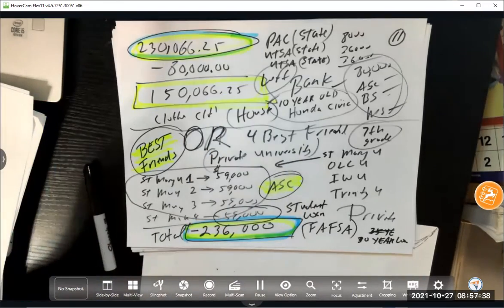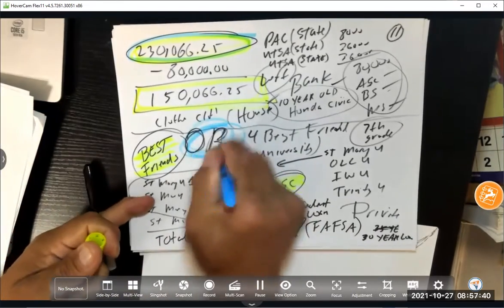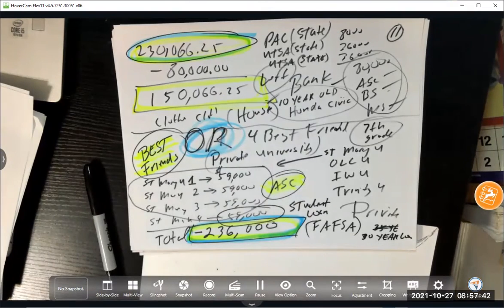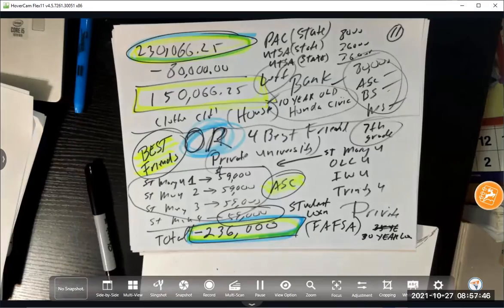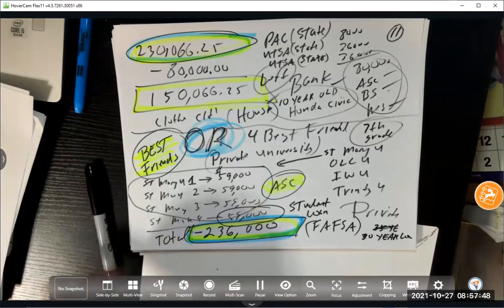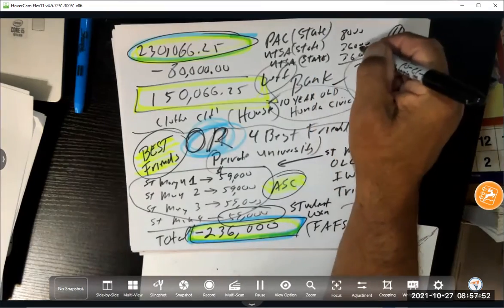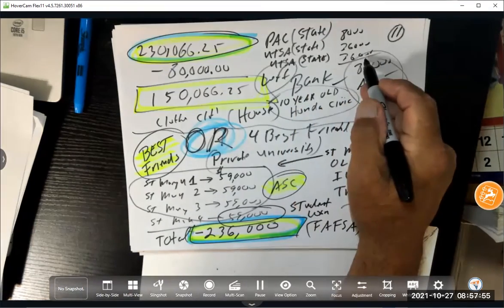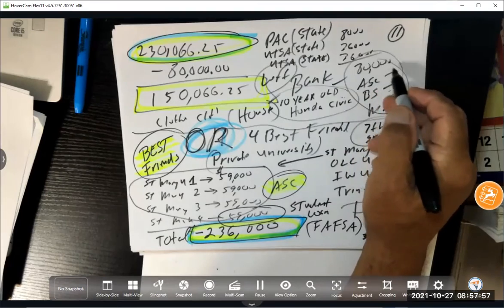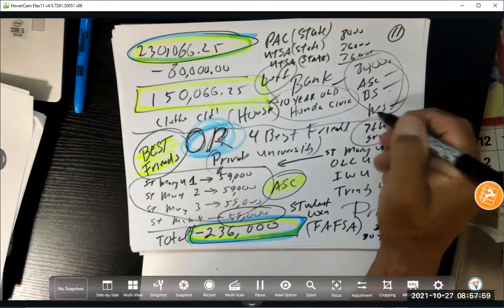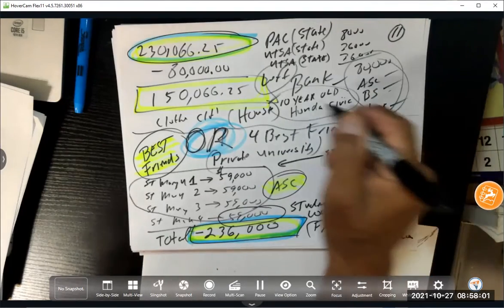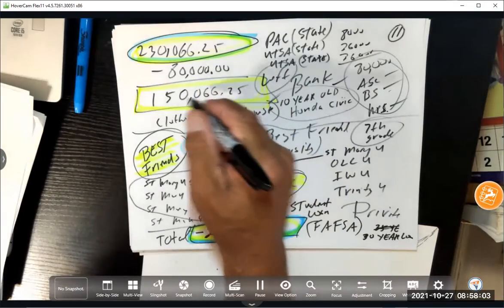Or if you do the other plan, or if you went the other way, what happened the other way? Tell me, what did you do with the money? Let's see. You went to Palo Alto, 8,000. You went to UTSA, 36,000. You got your associate's, your bachelor's, your master's, and you had money left over.